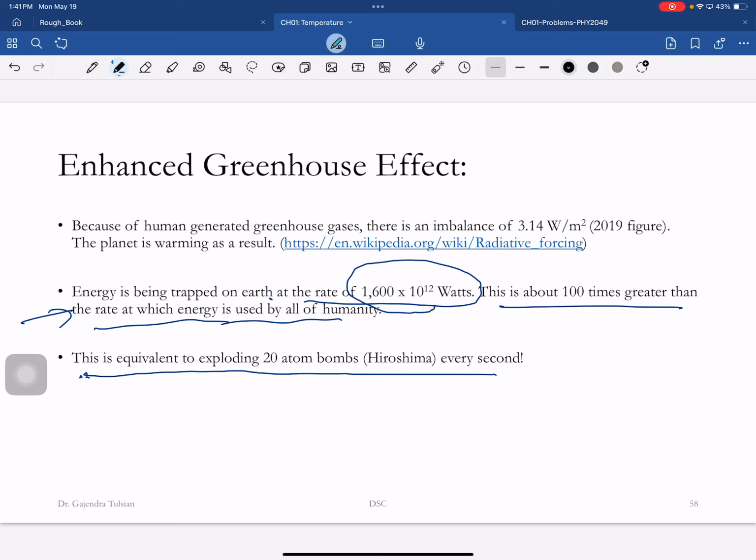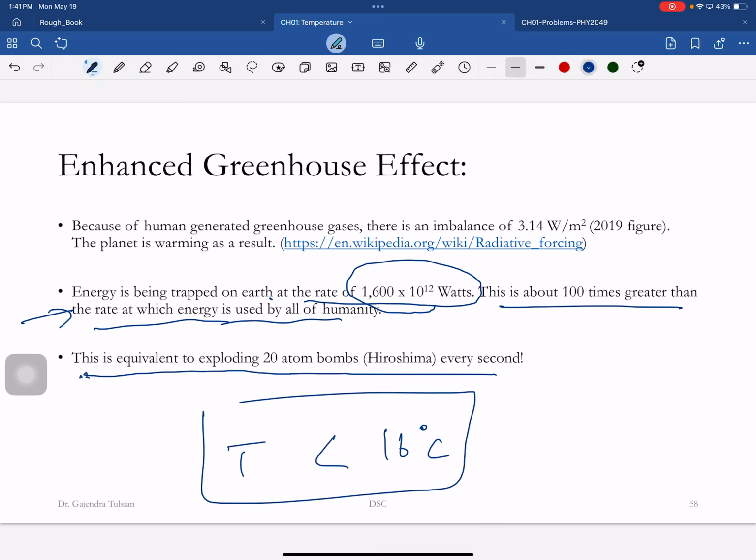So what is our goal? To be below 16 degrees Celsius. What's magical about 16 degrees Celsius? The claim is that if the temperature goes above 16 degrees Celsius, you wouldn't be able to stop the melting of the Greenland ice shelf.